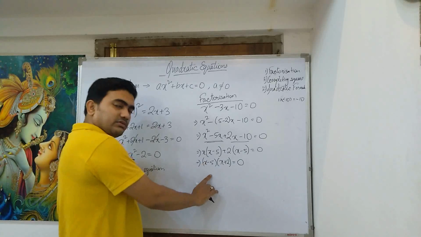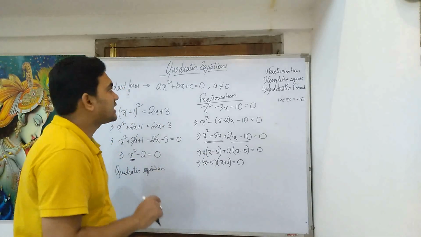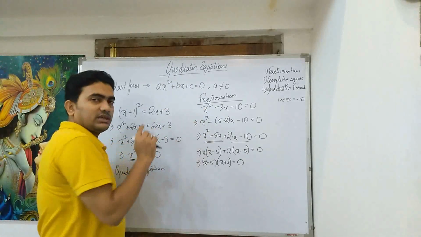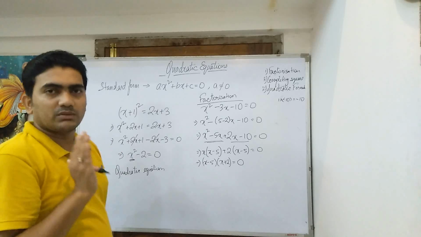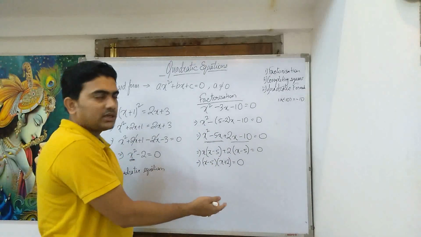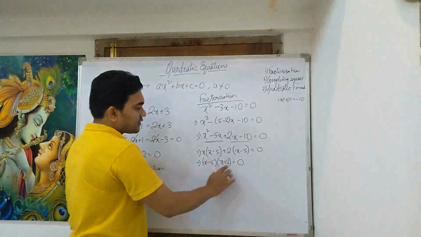So we will individually equate them to be 0, as we have learned in our previous classes that for a quadratic equation the degree is 2. If the degree is 2, then the maximum number of solutions or zeros or roots, we can say, should be 2. So we will have two different solutions.